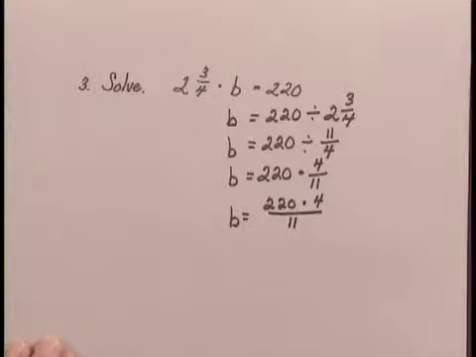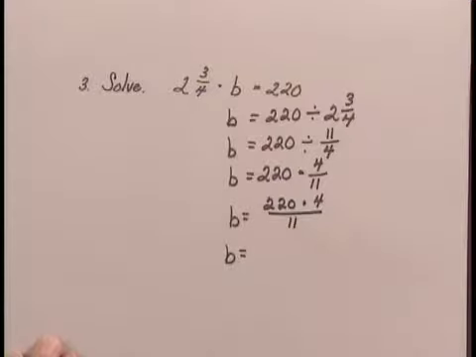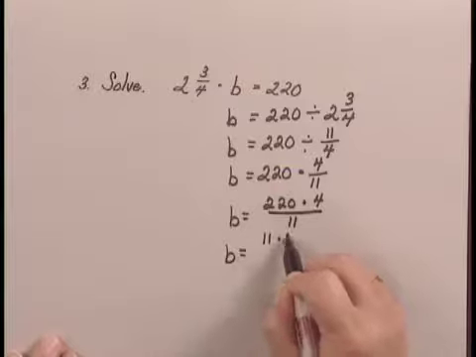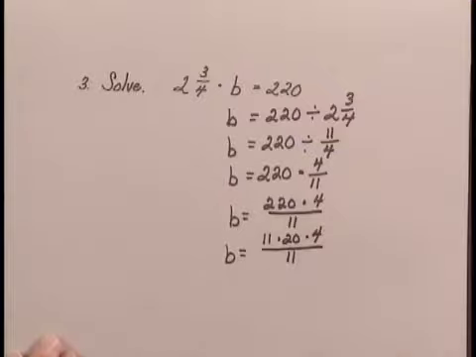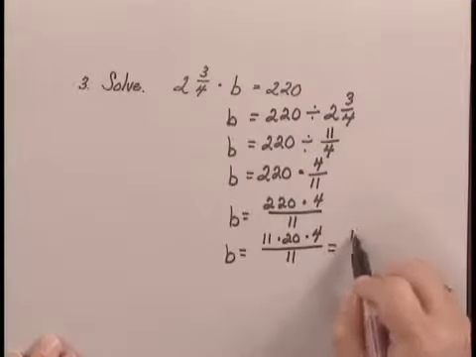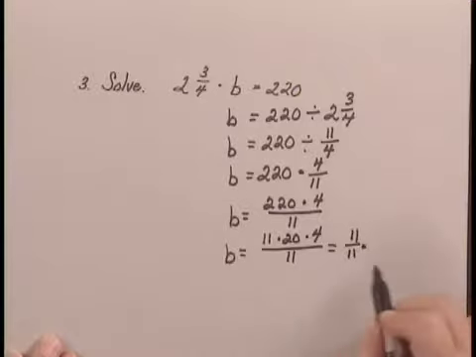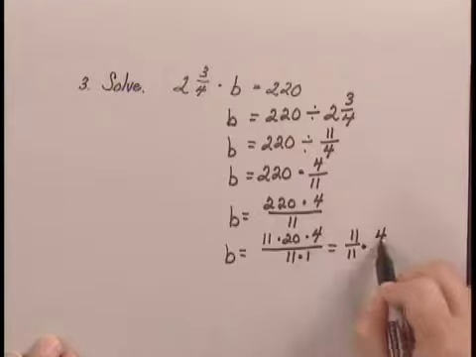Now we try to simplify 220 times 4/11. Factoring 220, I see that there's a factor of 11 in 220. So I write 220 as 11 times 20, and then times 4 divided by 11, which is 11/11 times, now I move the 11 out of here so I can add a factor of 1 and write this as 4/1.